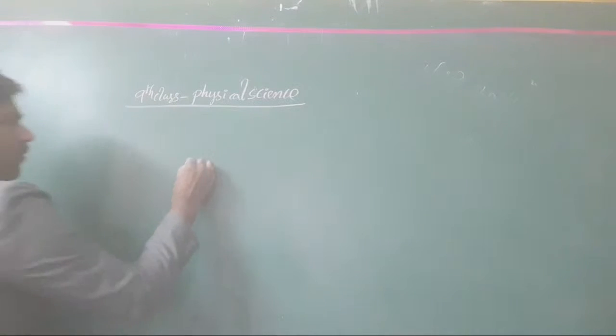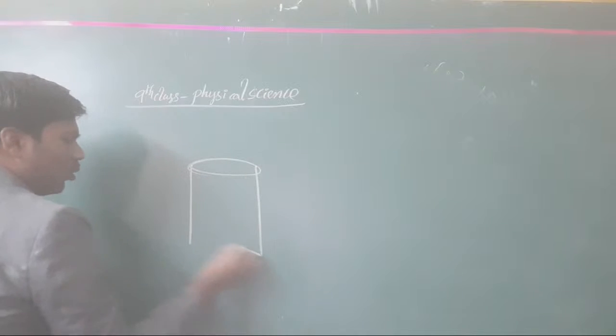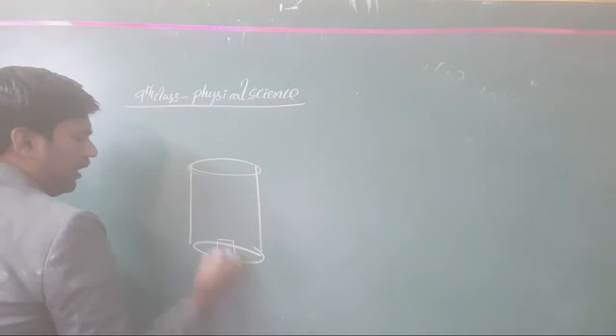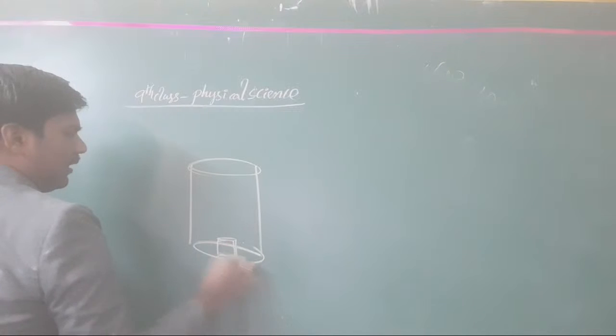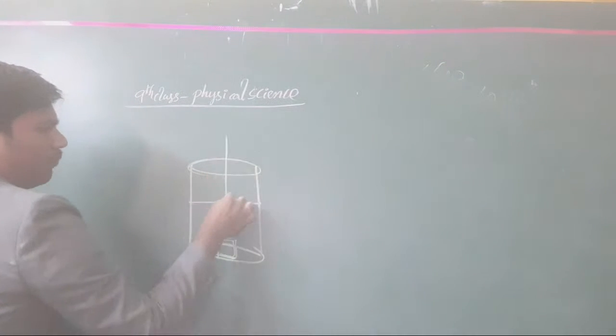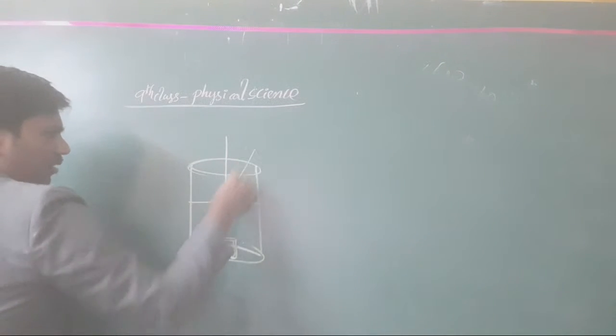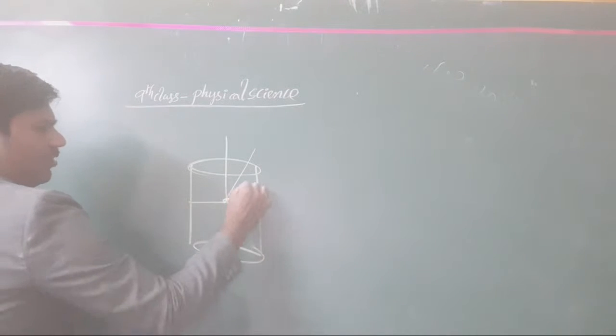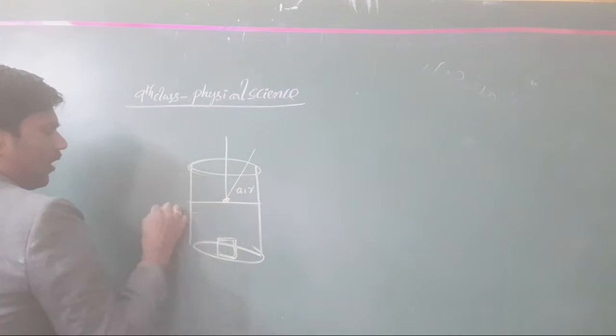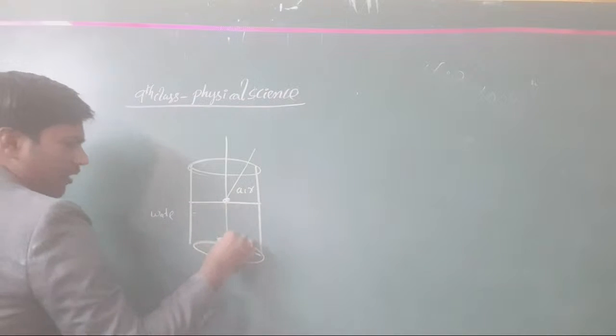Now when you take a glass of water, like this glass of water, you take a coin here, and you observe this situation. It is air and it is water. The coin does not appear to us here.